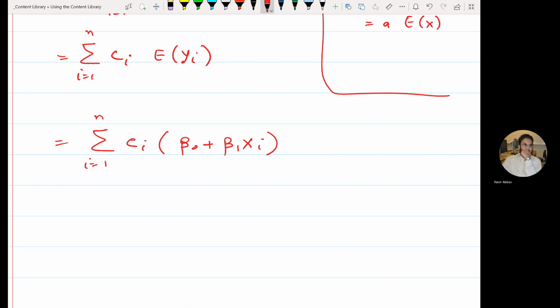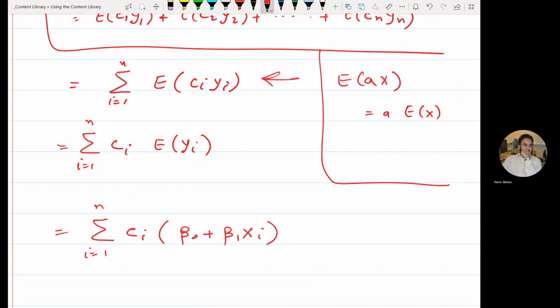From where? Is this clear? Who asked me to repeat? Is the first step, where I put the arrow, clear?